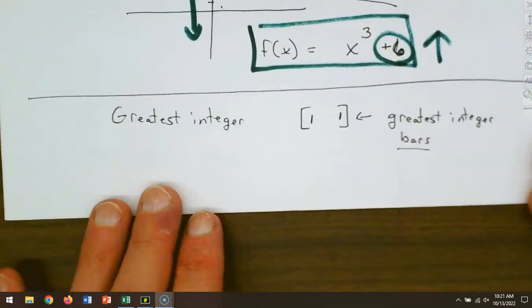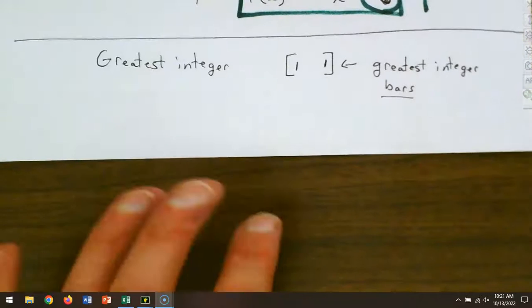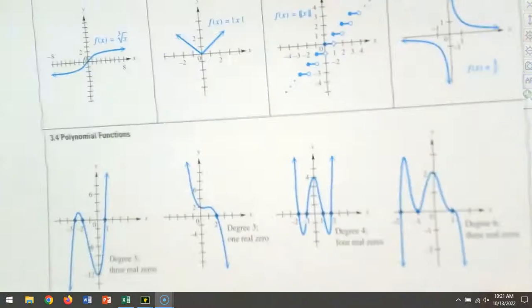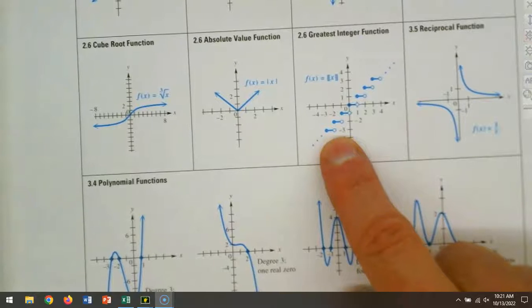Not absolute values, greatest integer. And the graph of the greatest integer looks like a case of stairs. Now we don't do much with the greatest integer other than we graph it. Okay, but there's your greatest integer. Looks like that. Looks like a case of stairs.